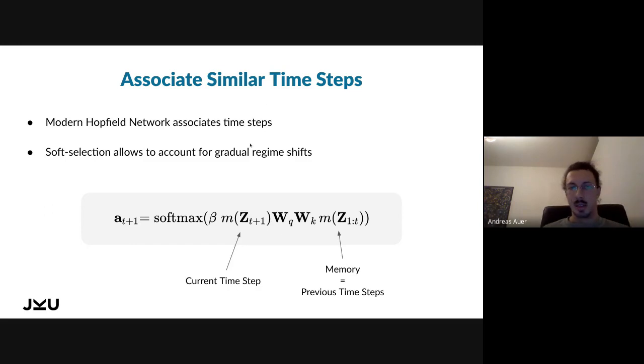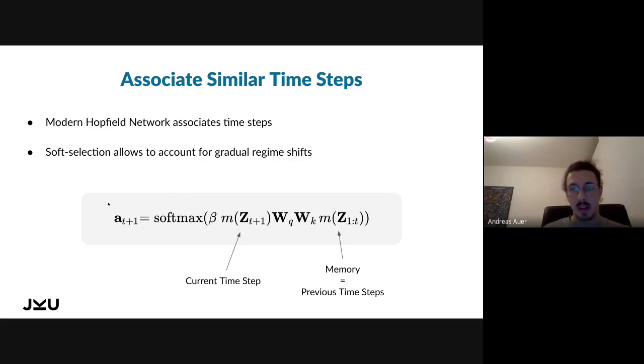Okay, so now, as I already said, we have this representation of our current time step. There we have these features and then our encoding network, and we have all the representations of our previous time steps, or of the calibration data time steps. And then we simply have weight transformations, and then a dot product and the softmax. And this gives us then the weights.